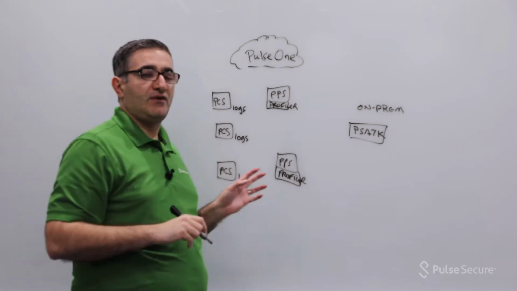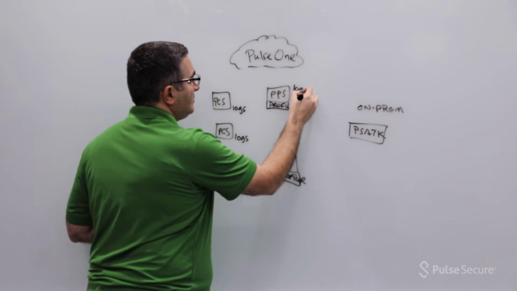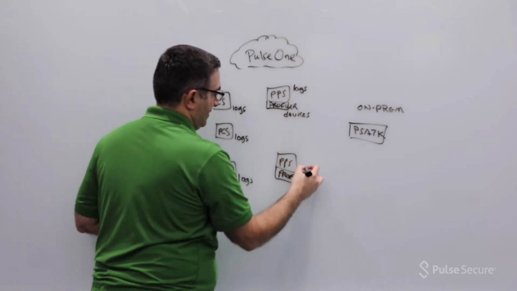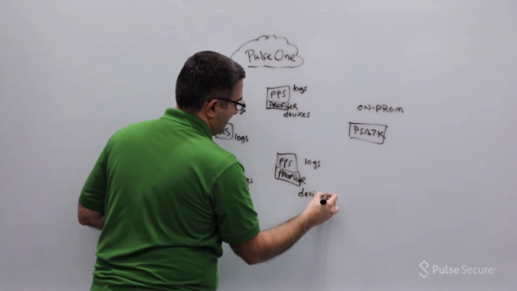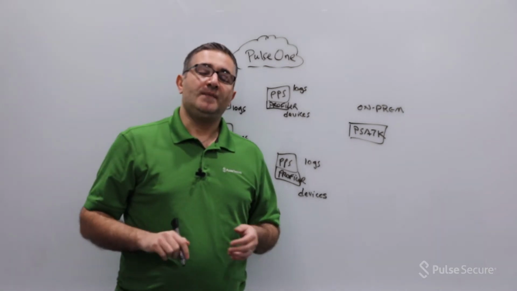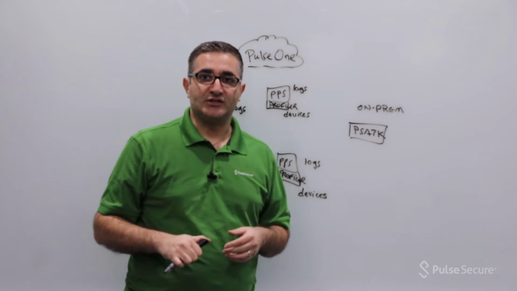But right now, we'll just focus on logs here. And on PPS, we have logs and profile devices. And again, you can have a bunch of these everywhere. In this scenario, there's 5 appliances total, but we have many customers that are deploying dozens of devices.